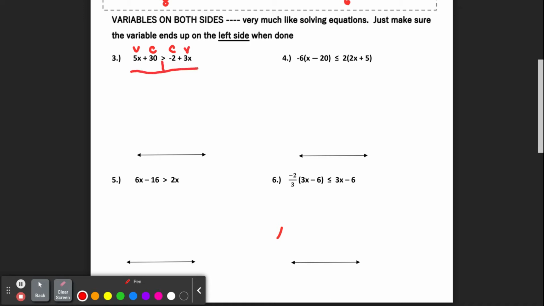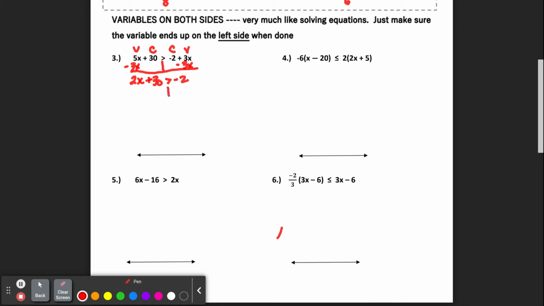Once you're balanced, we're going to move the variables from the right side to the left side so that in the long run, on the very last step, the variable will be on the left. So I'm going to subtract 3x from both sides. 5x minus 3x is 2x. Plus 30 is greater than -2.